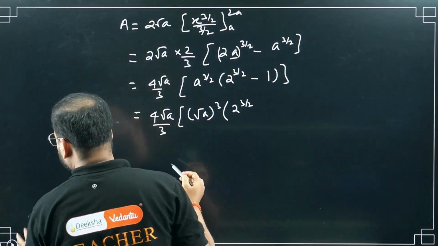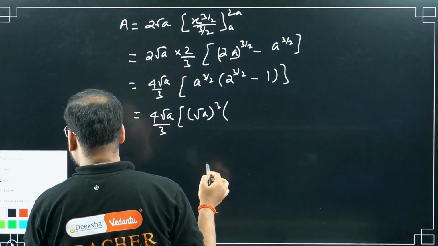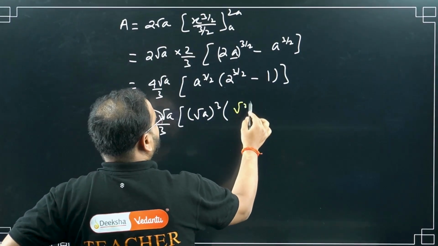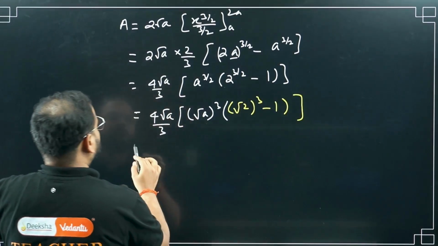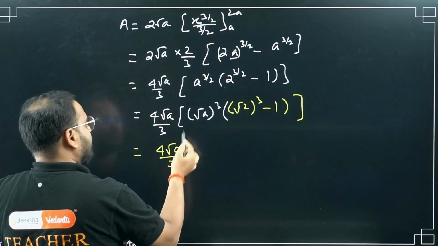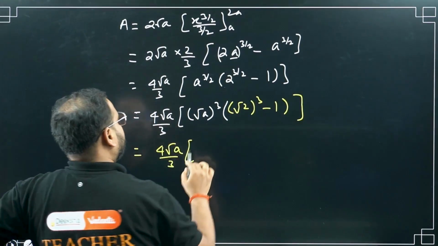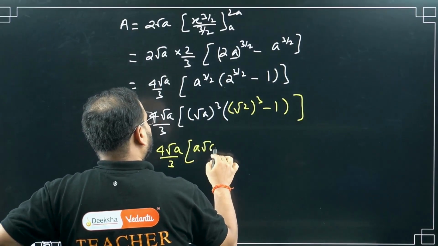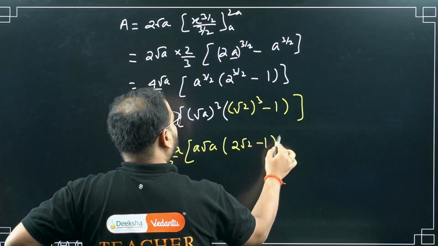Same thing I can do over here also: root 2 to the power 3 minus 1. Now have a look. 4 root a by 3. Cube of root a means a root a. Same thing over here, 2 root 2 minus 1.